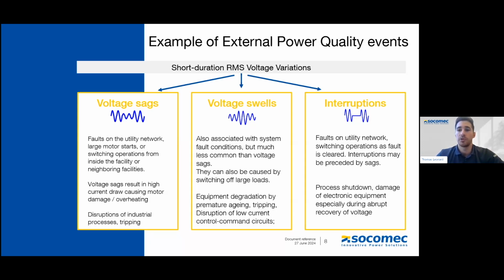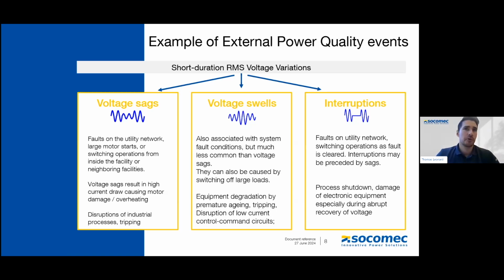Obviously, when you're creating reports, this can be used as proof to your utility, because usually the maximum number of events that are allowed should be given in the service agreement with the local power provider. So if they're exceeding this number of events, this is something that should be documented. You should find proof, and this is where we're going to see how power quality meters can help do that.